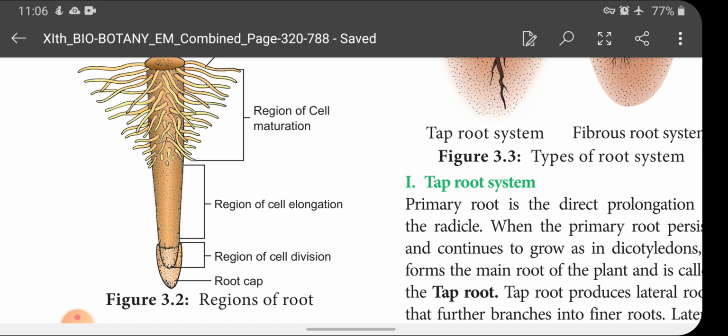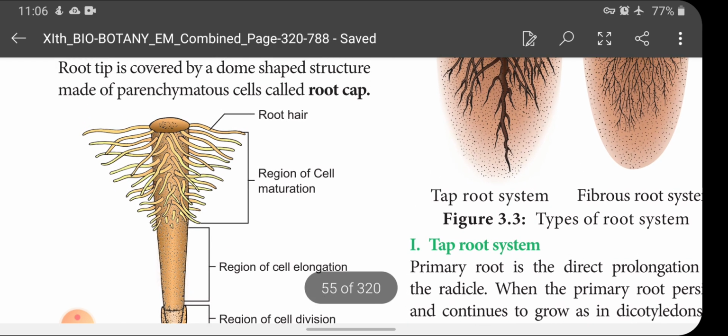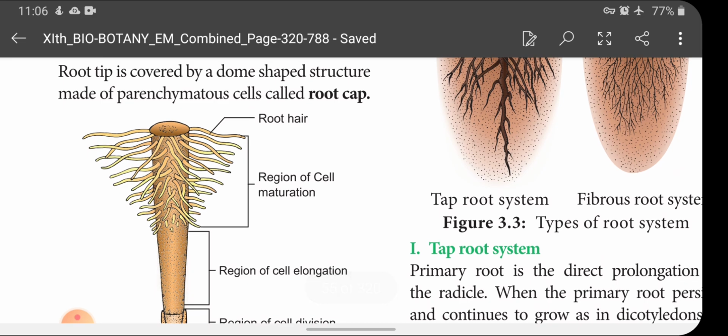And above it, the region of cell elongation, in this region the cells are elongated in shape and make the growth of root. And the region of cell maturation, in this region the meristematic cells differentiate into mature cells, and this region bears many root hairs which help for absorption of water and minerals.